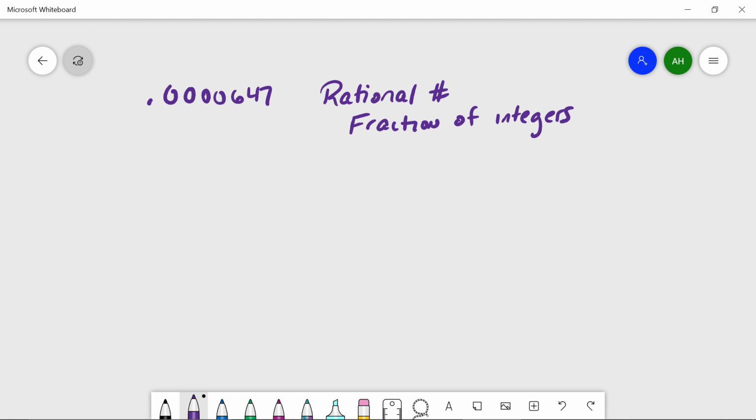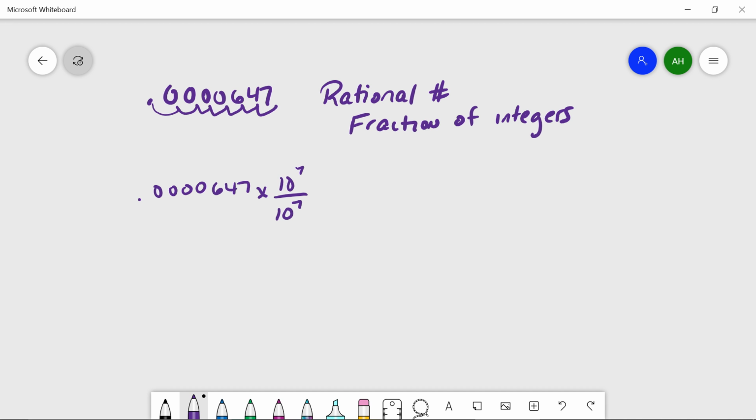If I think of this number right here, I want to move my decimal point 1, 2, 3, 4, 5, 6, 7 places. So I'm going to take this number, 0.0000647, and multiply it by 10 to the 7th over 10 to the 7th.